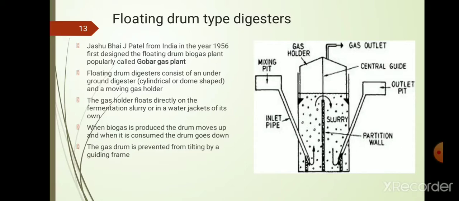The gas drum is prevented from tilting by a guiding frame. You can see a central frame is given in addition, just to prevent tilting, with the help of a guiding frame.